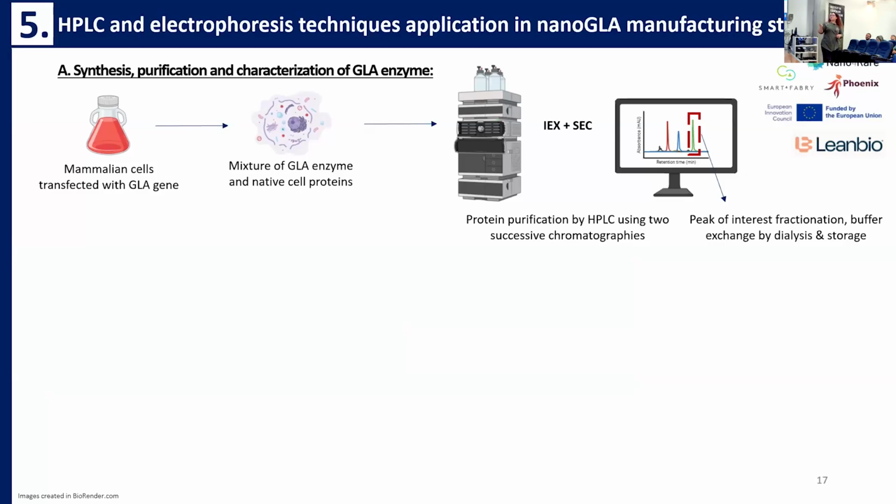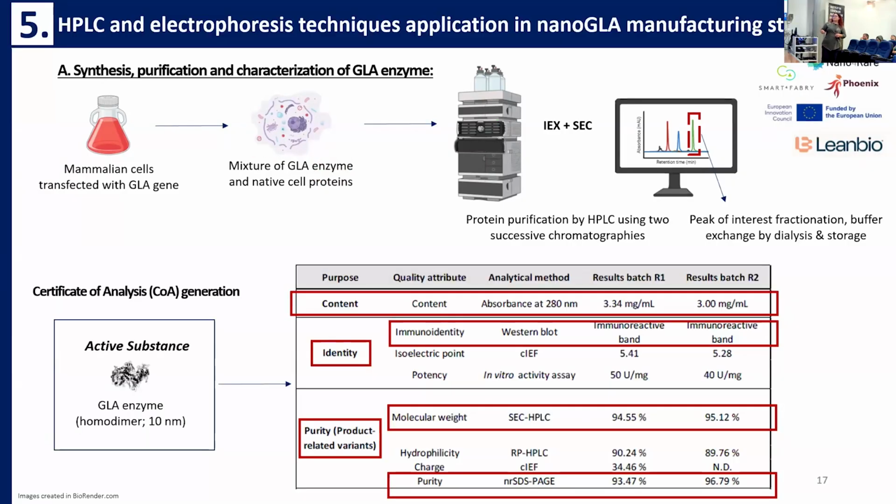For example, during the synthesis of the API, only the enzyme, we produced our recombinant protein in mammalian cells, but then we used a combination of chromatographic techniques in order to purify the enzyme from the cell lysate that we obtain from this media.